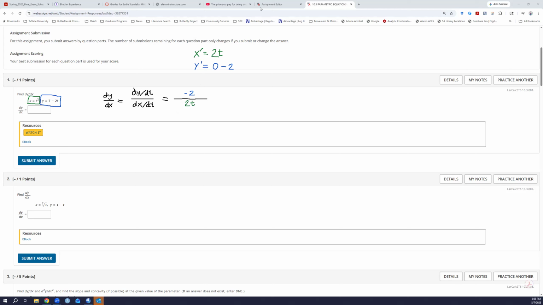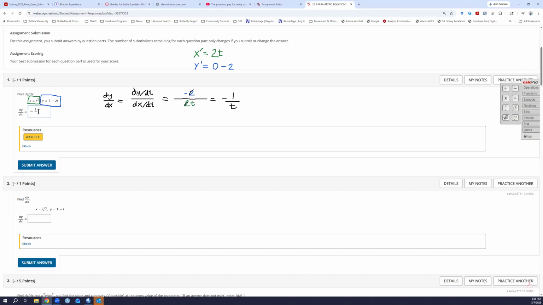Once we have that, with a little bit of simplification, we can see that the 2's will cancel out. So we should have negative 1 over t, which is the function that represents the derivative of this curve. So dy/dx is just going to be negative 1 over t. We can go ahead and type that in and submit our answer.